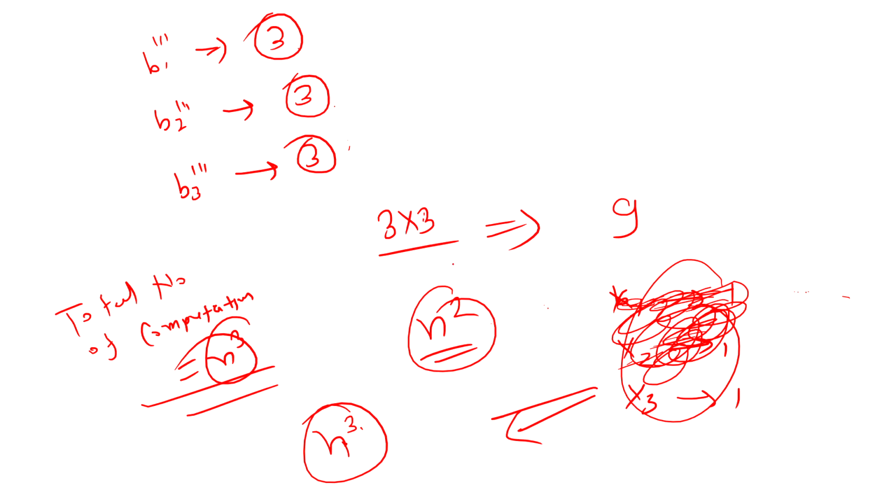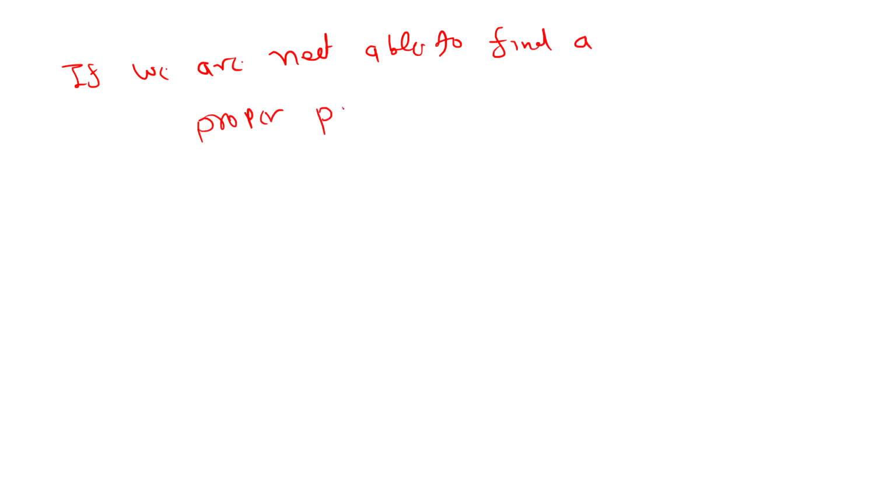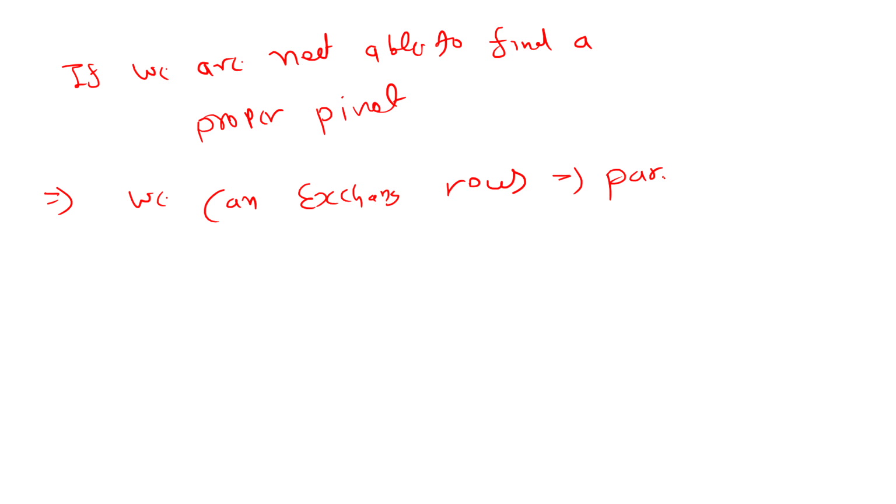Now remember, we talked about that if we are not able to find a proper pivot, then either we can exchange rows, and that is called partial pivoting.